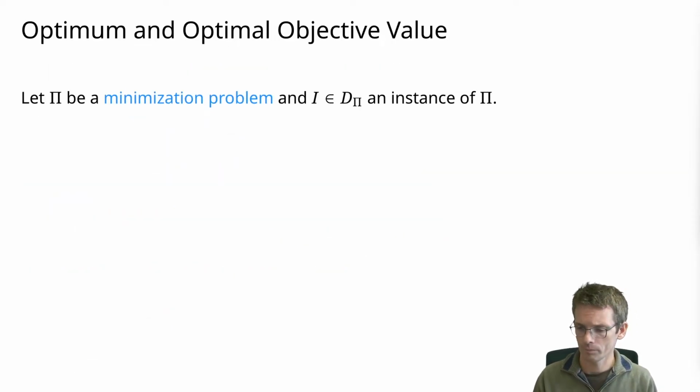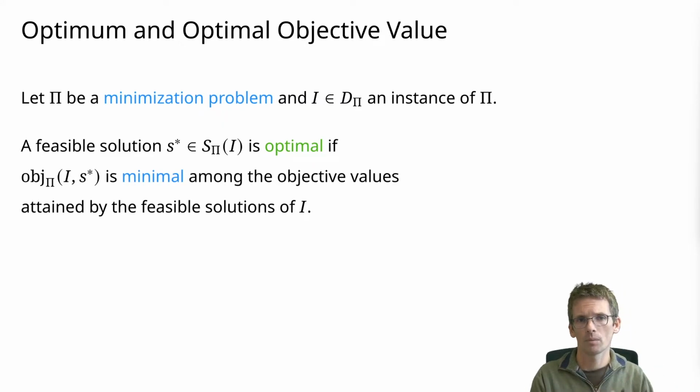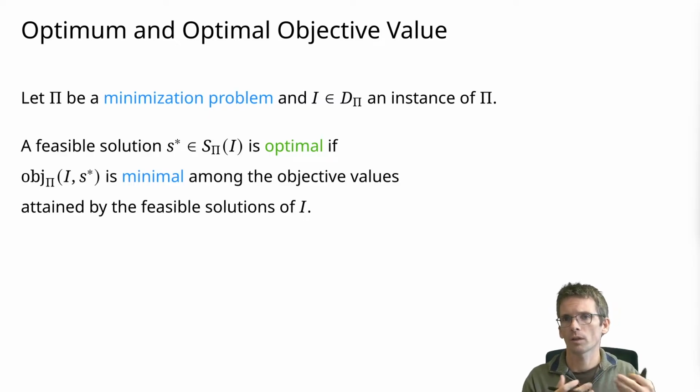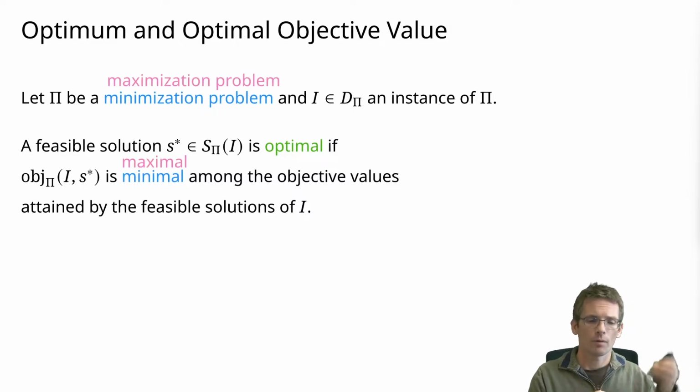Let's look at the case of a minimization problem. For a feasible solution, we say it's optimal if the objective function on the solution is minimal among all objective values that feasible solutions achieve for this instance. Same for a maximization problem, obviously we want to have the maximum.